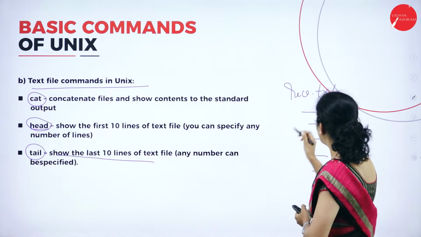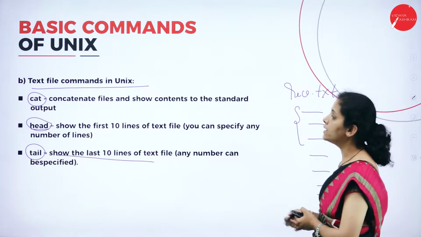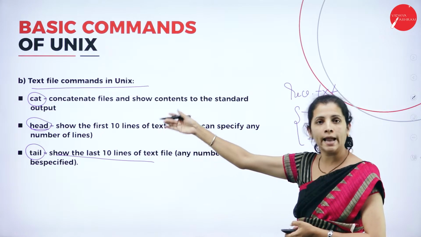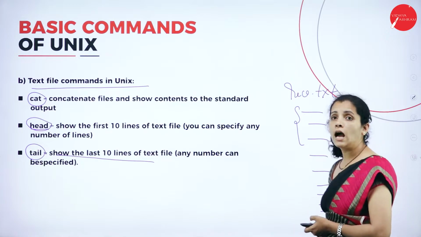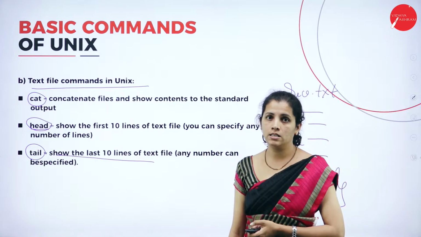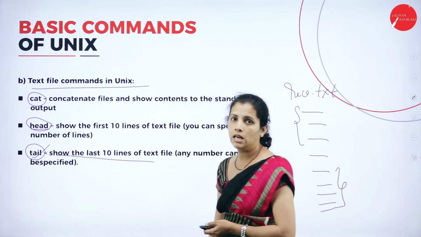First I want to display the first 10 lines. For that, I'm going to use the head command. Now think that I want to display the last 10 lines. For that, I'm going to use the command called tail.